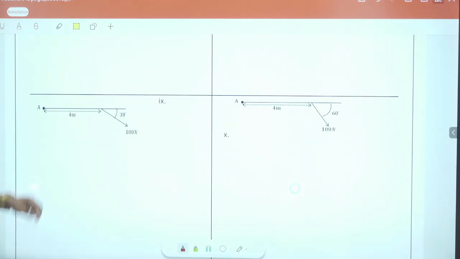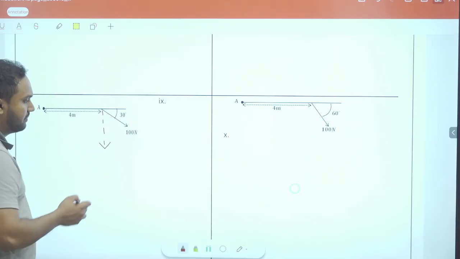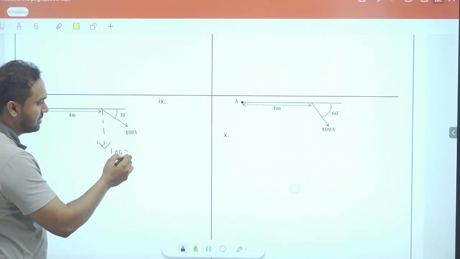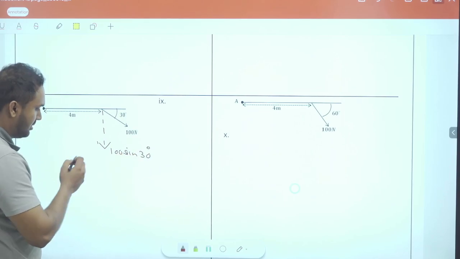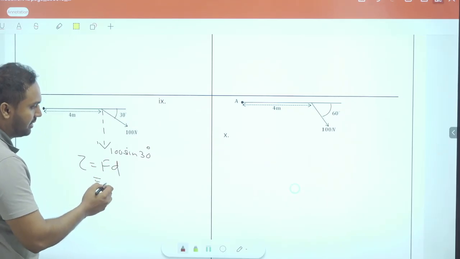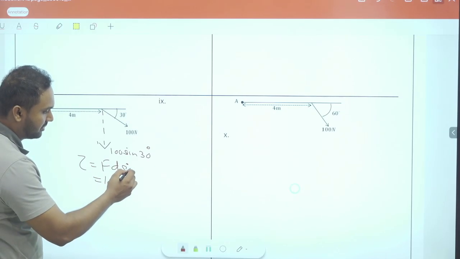Now come to this one. The perpendicular force causing the moment is 100 sine 30, right? So tau equals Fd sine theta. I had to put the complete one.